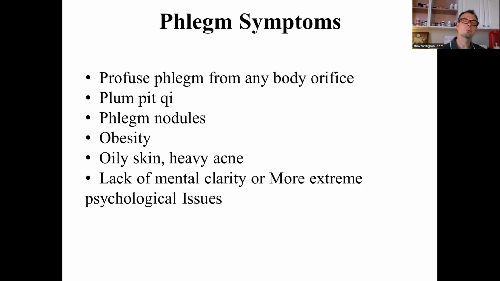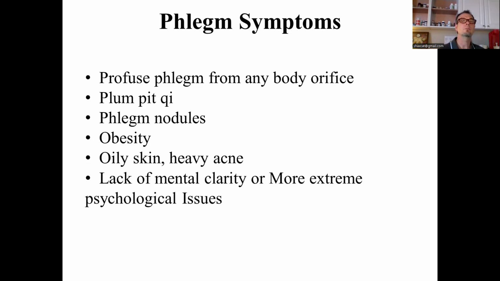Phlegm symptoms: diffuse phlegm coming from any orifice, nose, mouth. I guess you can have mucus in the stool as well. Plum pit chi, that sensation of feeling like there's something stuck in your throat. That also can be a liver chi stagnation sign, but it can also be phlegm in the throat.